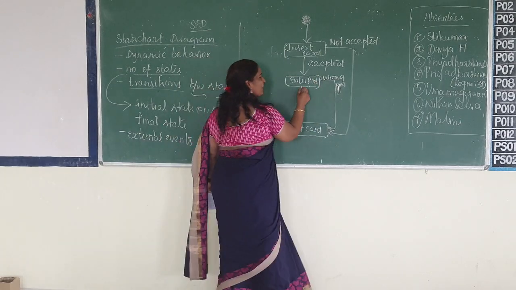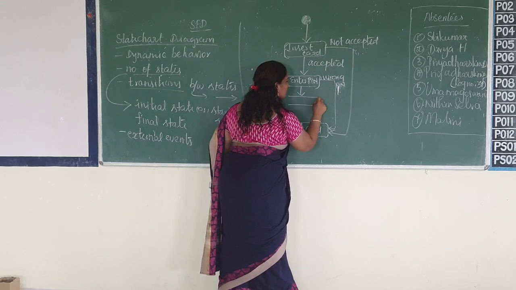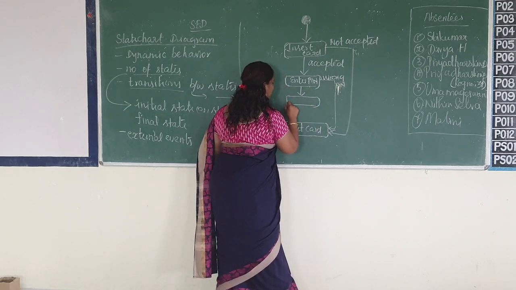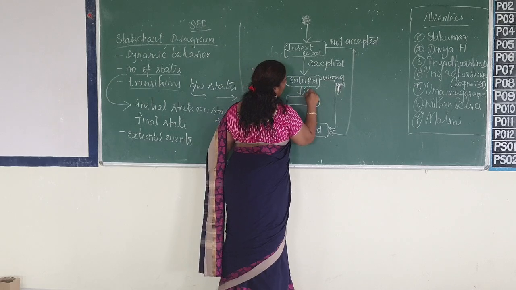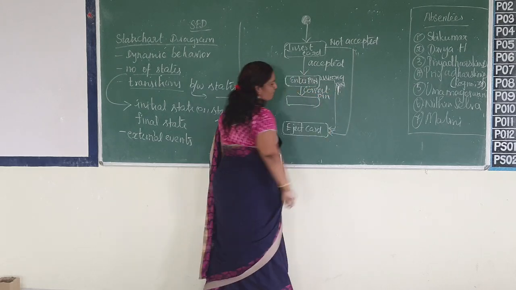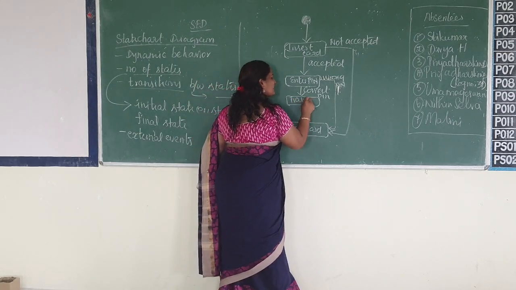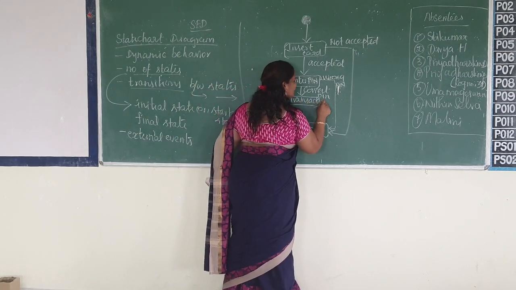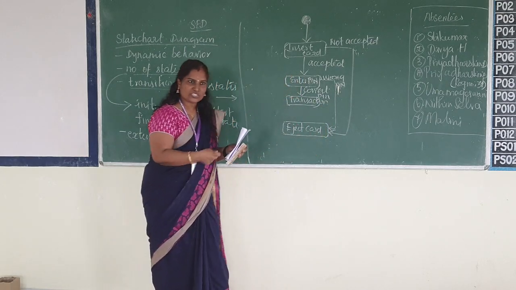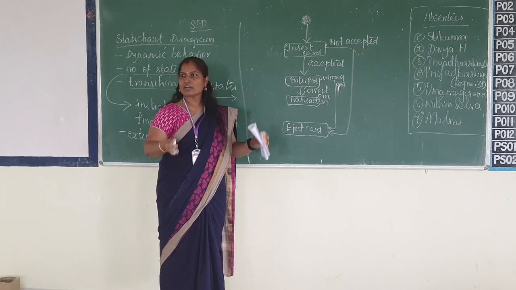Okay. So if the pin is correct, perform the transaction. Pin is correct, transaction. Here you can write anything inside. The transaction you want to specify, if it is a withdrawal, write withdrawal inside. I have only generally written it as transaction.